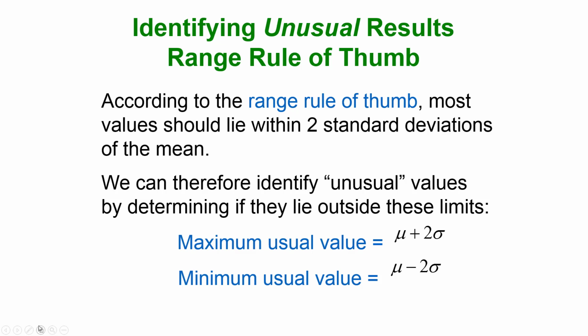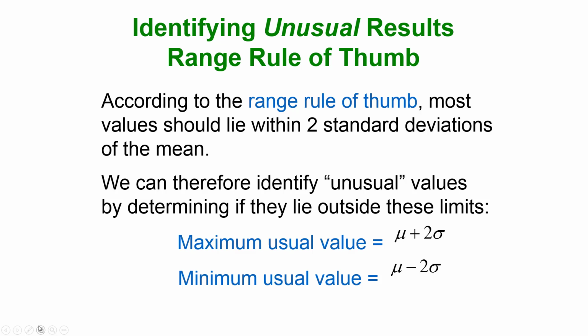So you're going to get most of the data values within 1 standard deviation of the mean, but you're certainly going to get the vast majority of the data values within 2 standard deviations of the mean. So if we want to figure out if a particular value is unusual, like not likely to occur randomly, we are looking for values that are outside of 2 standard deviations away from the mean.